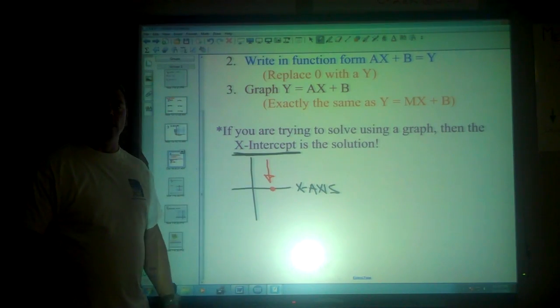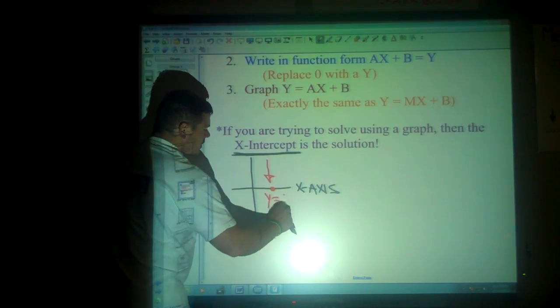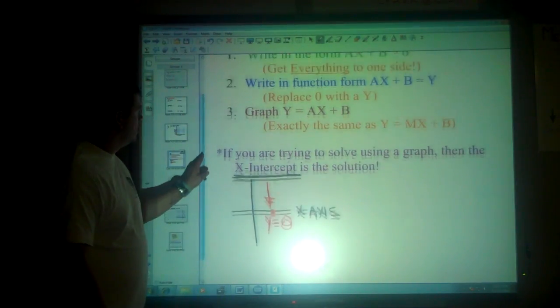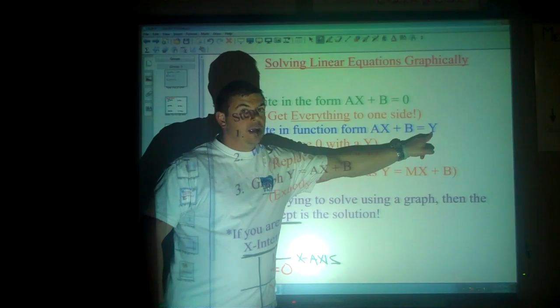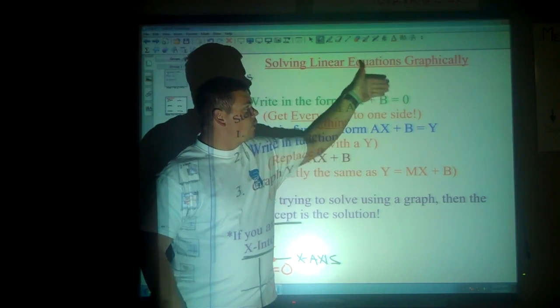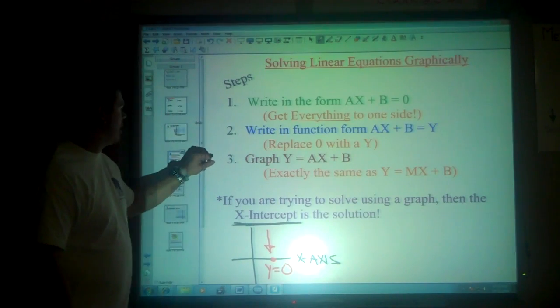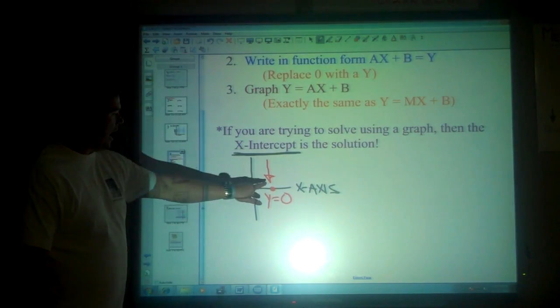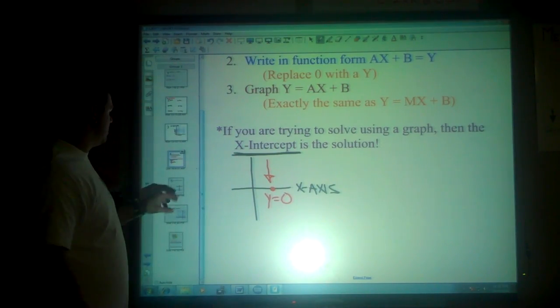So what's your y value at that location? When you're at an x-intercept, your y value is always equal to 0. Remember, we replaced the 0 with the letter y. In other words, we're saying when y is 0, what does x equal? So we're looking for where our graph will cross the x-axis, because that's when our y value is 0. So it all comes back in.